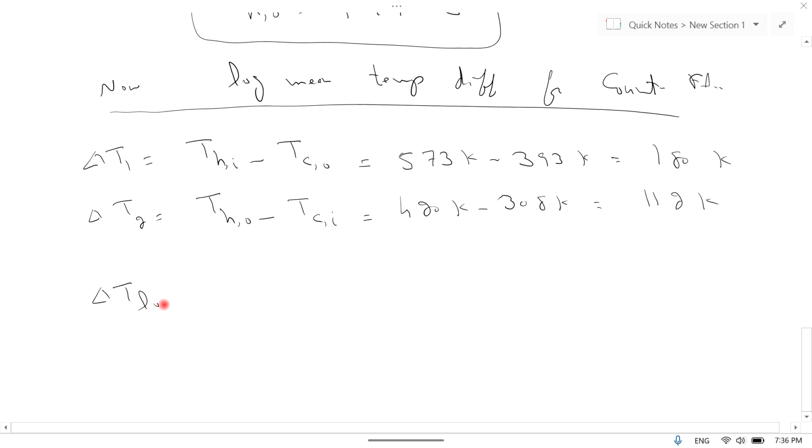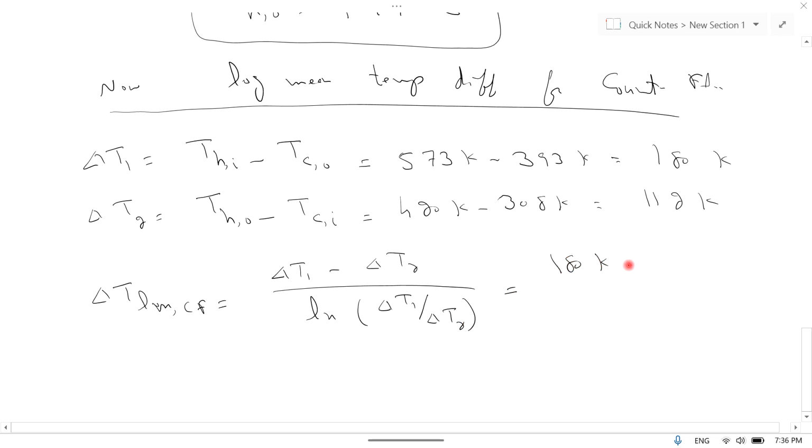So we know that log mean temperature difference per counterflow is equal to del T1 minus del T2 divided by natural log of del T1 divided by del T2, which is equal to 180 Kelvin minus 112 Kelvin divided by natural log of 180 Kelvin divided by 112 Kelvin.